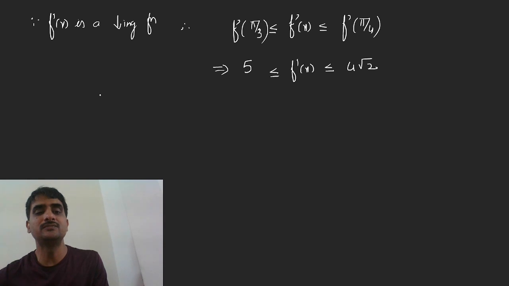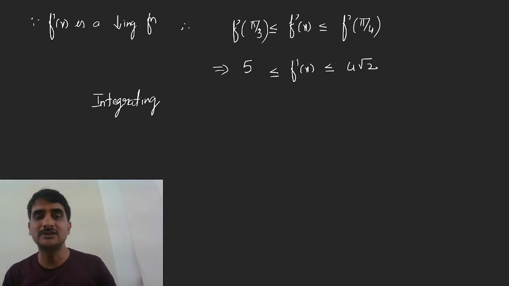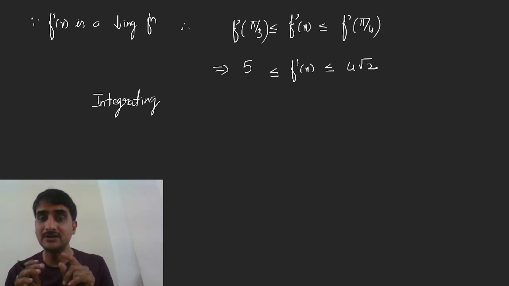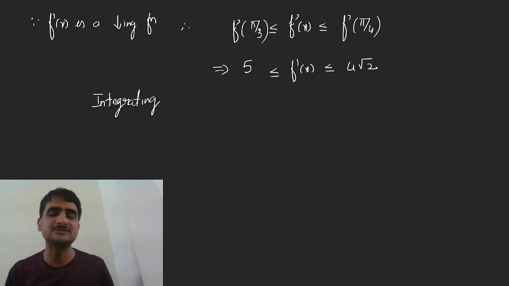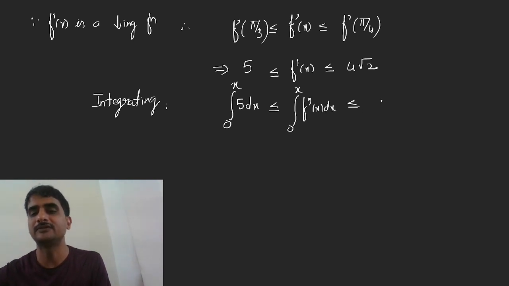Now integrating all the sides. See, we can definitely integrate the inequality. You can't differentiate an inequality, but you can definitely integrate. Definitely integrate means you can apply definite integration over an inequality. So integrating it in the interval 0 to x, what do we get? The integral of f dash x from 0 to x, of course, would be f x.